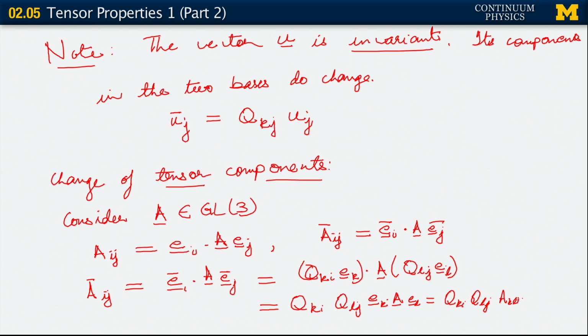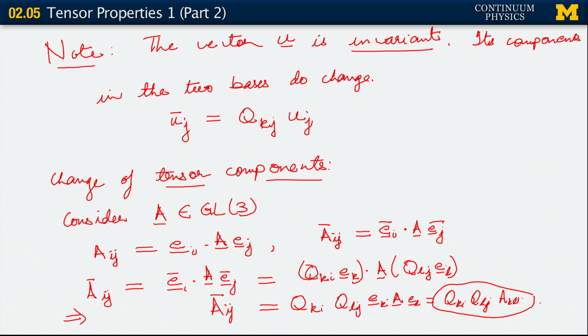And so we see, when we carry this product through, that A bar ij is related to the A components in this fashion. Let me just bring this also here so that we have that final relation. A bar ij equals Q Ki Q Lj A KL.